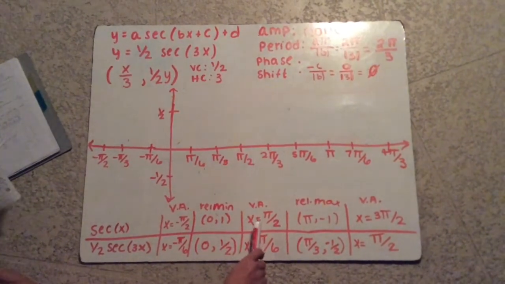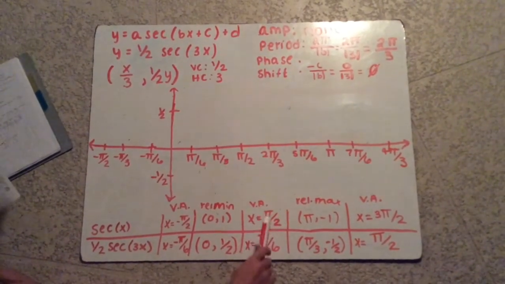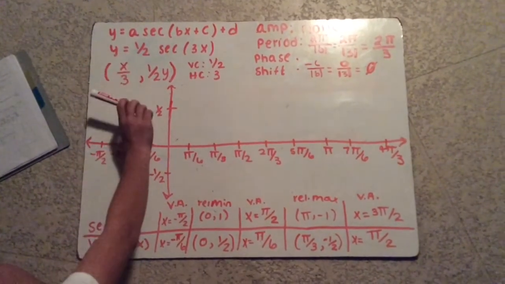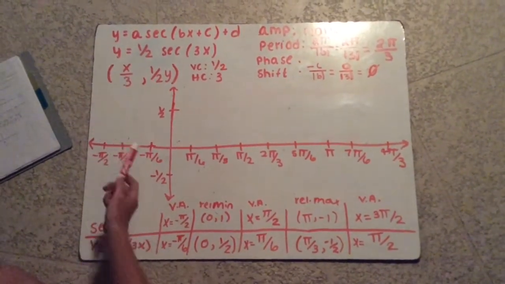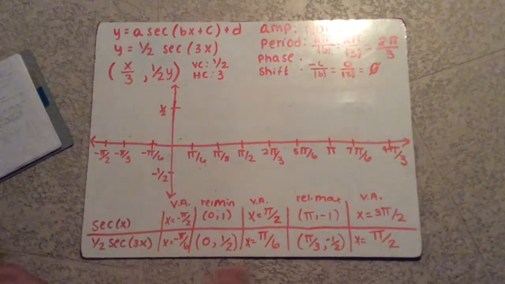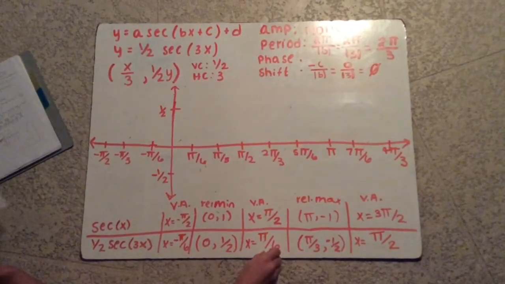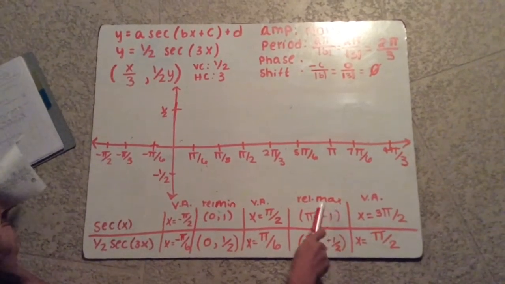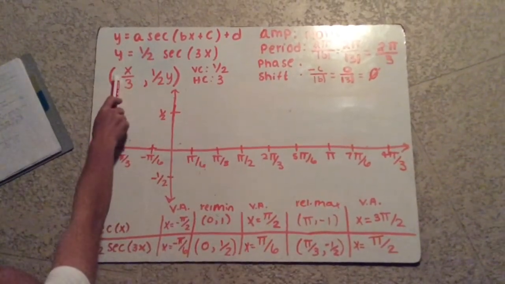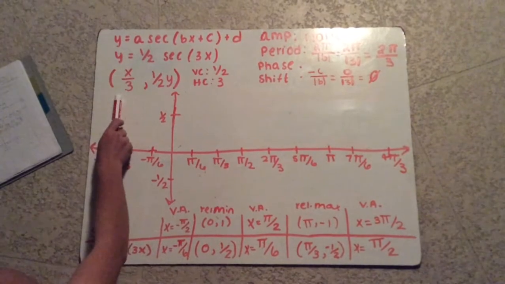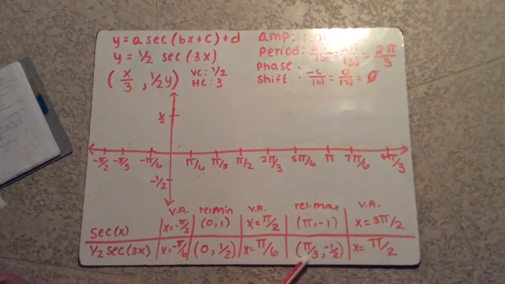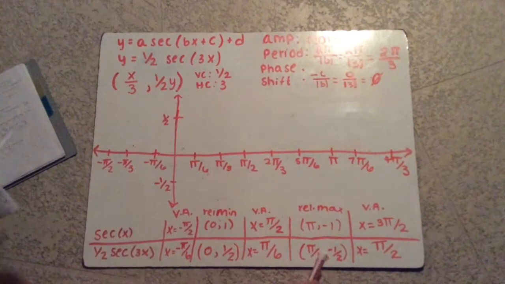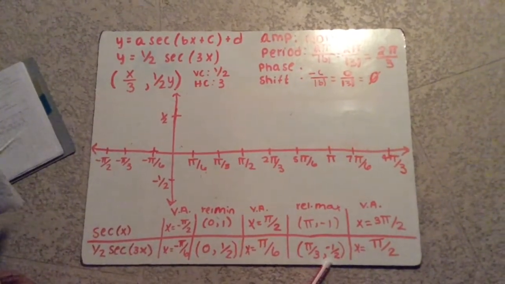Next, we use our second vertical asymptote, pi over 2, and we plug that in for x up here and divide it by 3. So it's pi over 2 times 1 over 3 equals pi over 6. Next, our relative maximum, we plug in pi for x, divide it by 3, we get pi over 3. Then we plug -1 in for y, and we get -1/2.